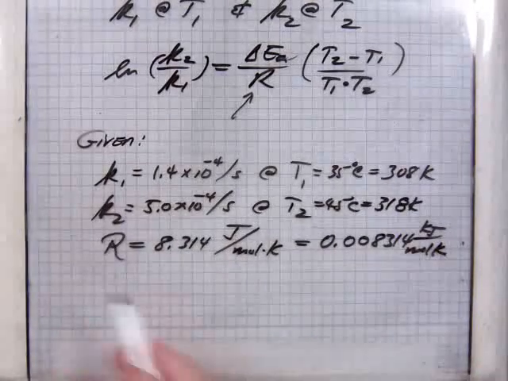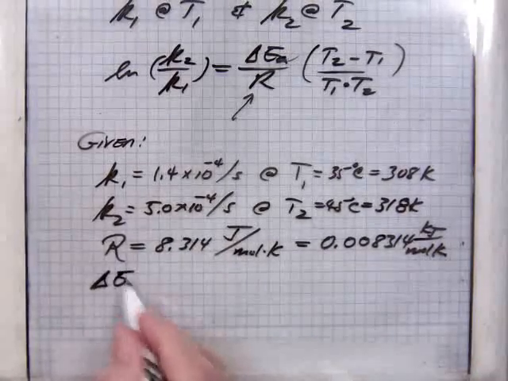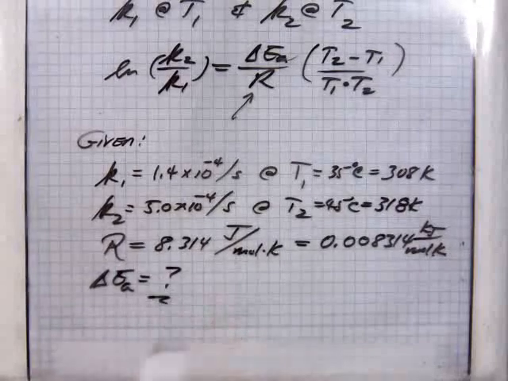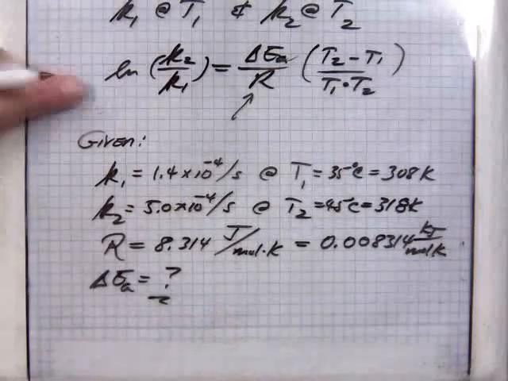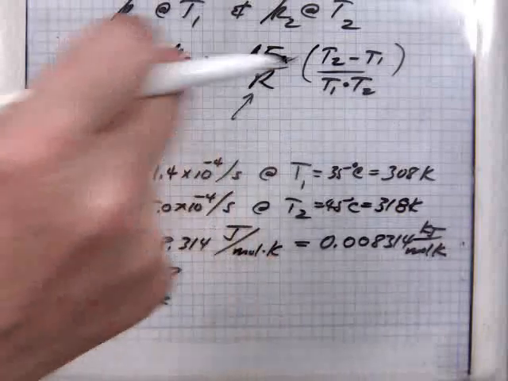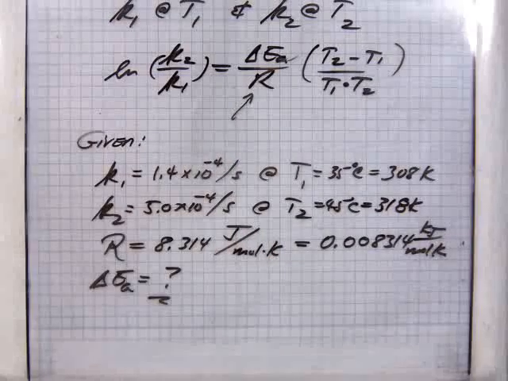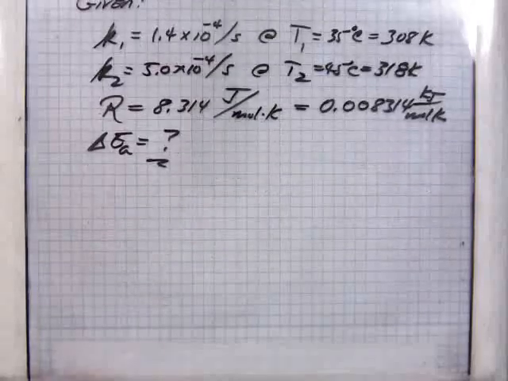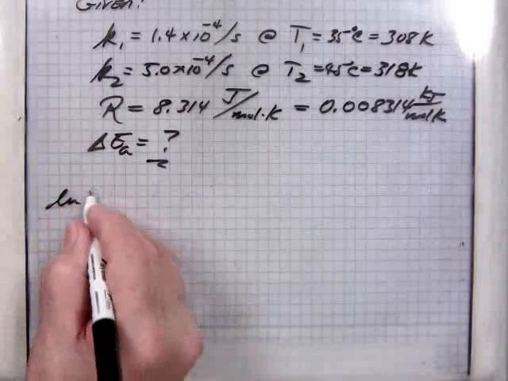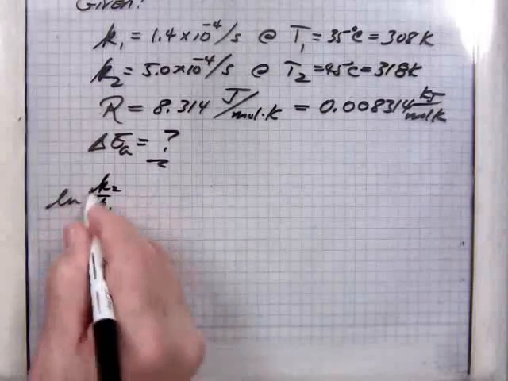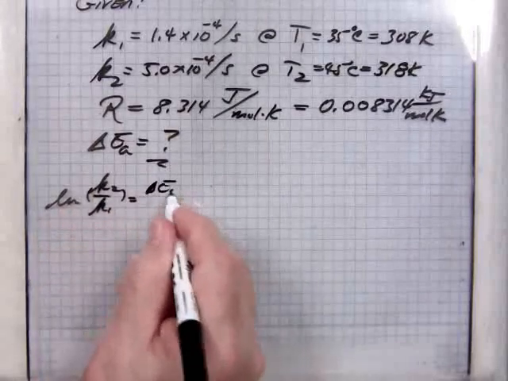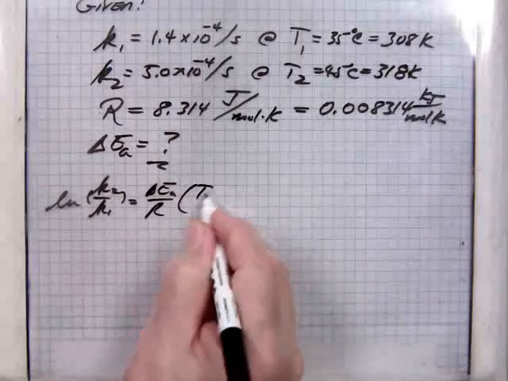And so for the problem, the activation energy, delta E, is the unknown, and so we need to take this expression, substitute this data, and grind it out. Now I think the second one asks you for the rate constant at 55 degrees. So I'll go through both of those to give you a heads up. So we have ln of K2 over K1 equals delta EA over R, times T2 minus T1.